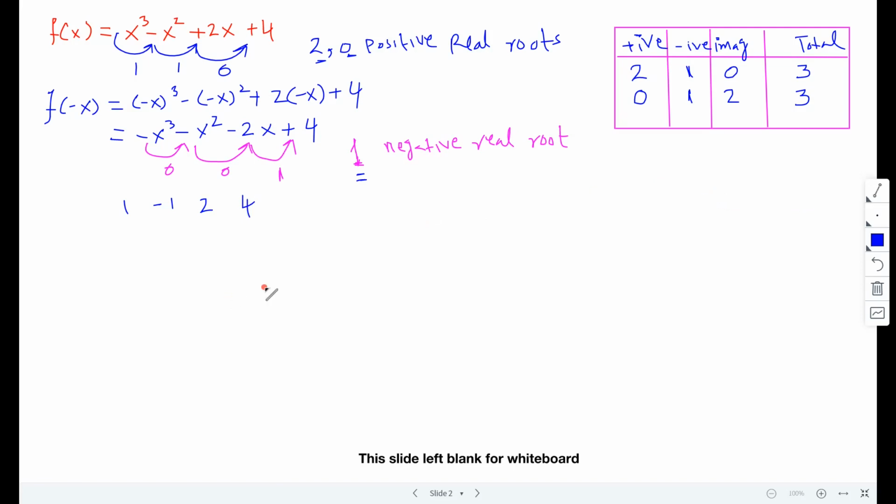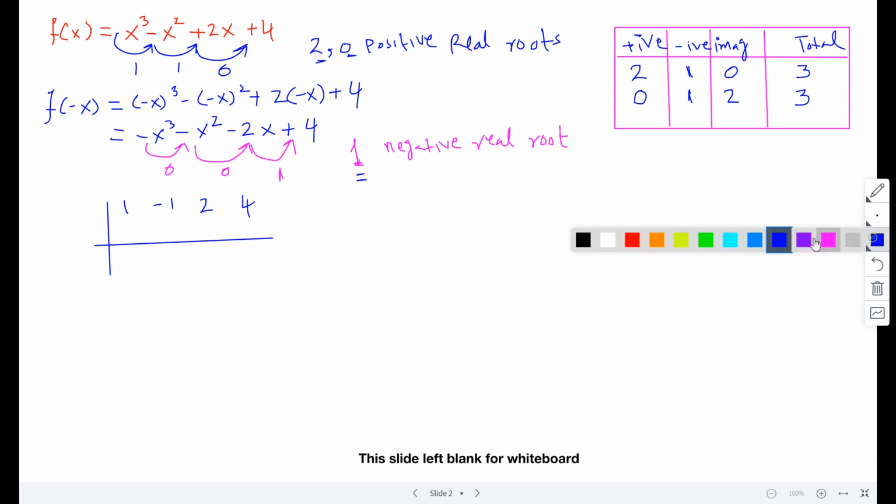For synthetic substitution, I'll start from negative 1 and see if I can get 0. Then that is my root. If I do not get 0, then I have to try positive 1.